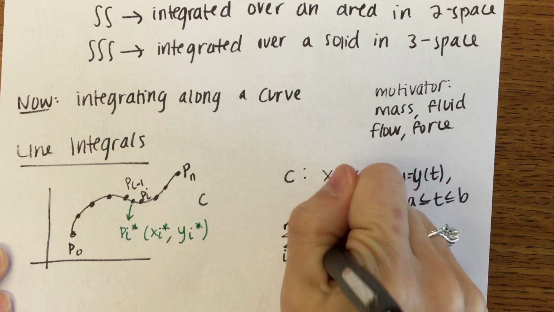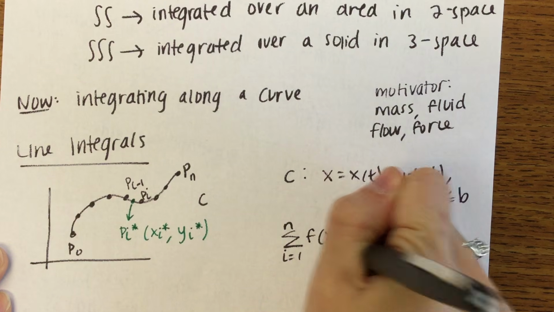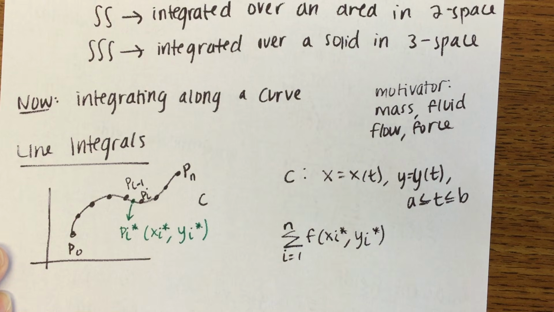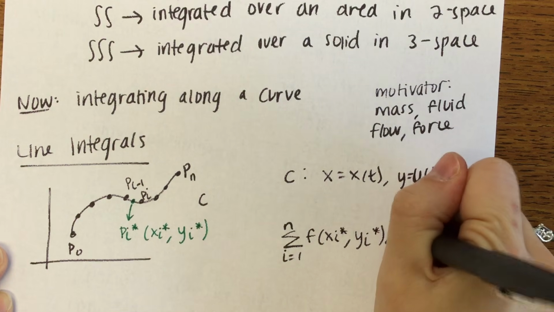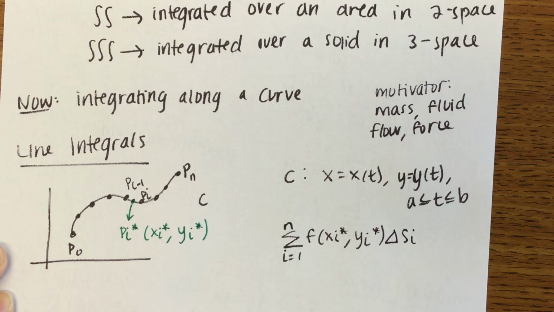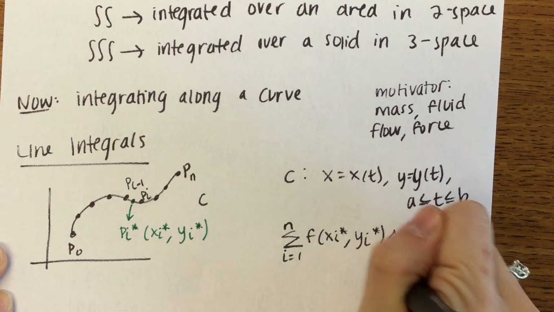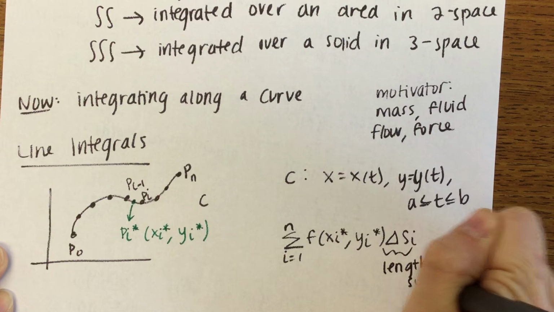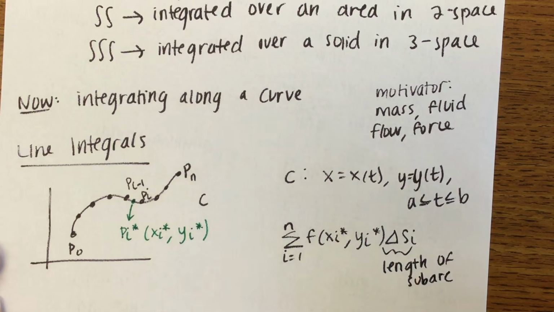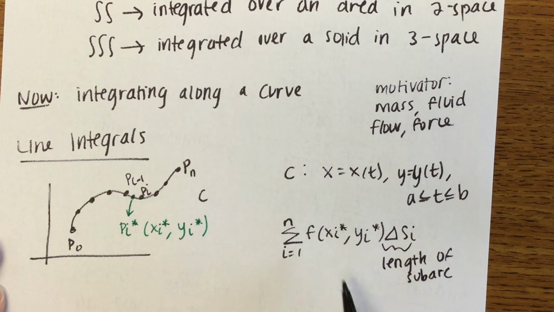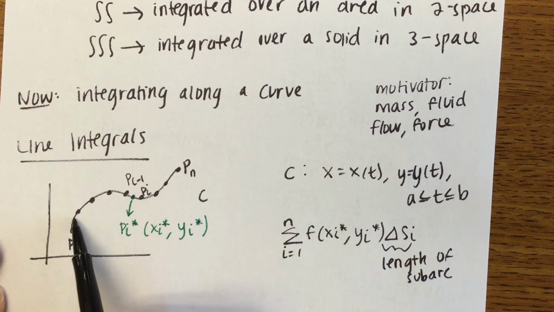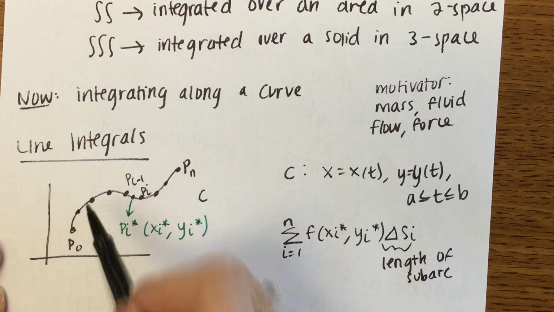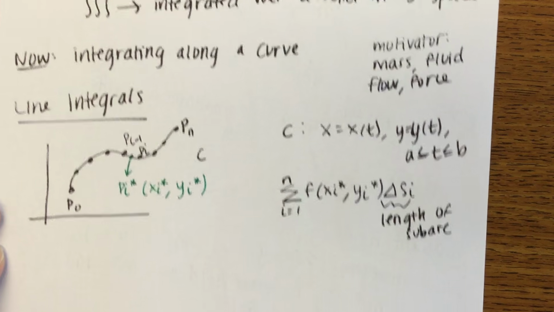You're going to take f of those points, and you're going to multiply by delta s of i. This represents the length of the subarc. So what this is saying, you have all these intervals. Choose some point in each interval, plug it into the function, multiply by the length of that arc. That's what you're going to be doing.